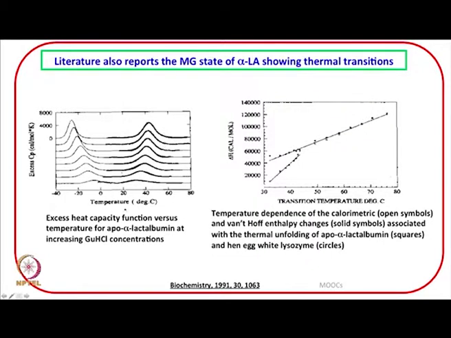However, let us keep in mind that these authors suggested that the molten globule state of a protein shows a cooperative thermal transition which is smaller than the one obtained with the native state. As we keep on increasing guanidinium hydrochloride concentration, the height of the peak is decreasing, that means the area under the peak will keep on decreasing, as well as there is a shift towards the left side.